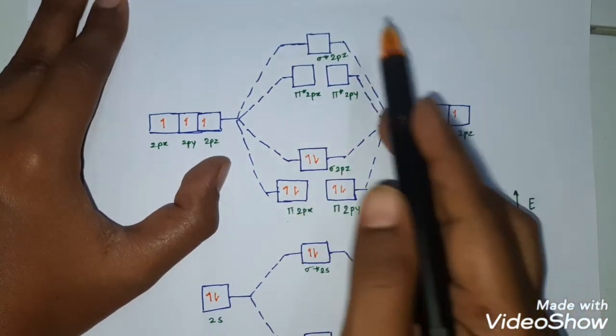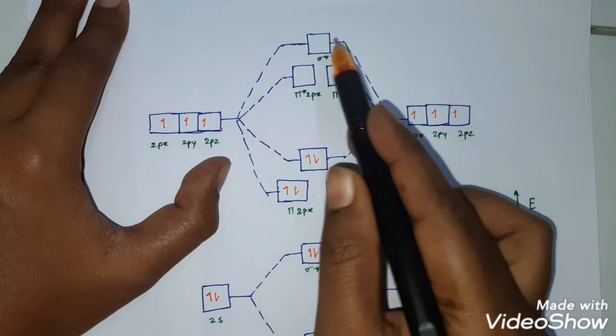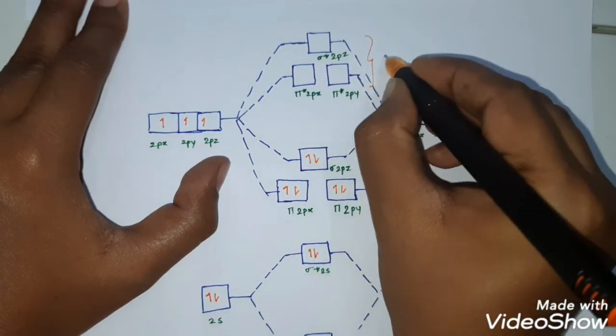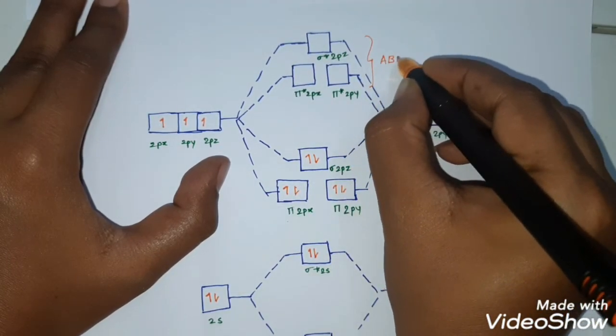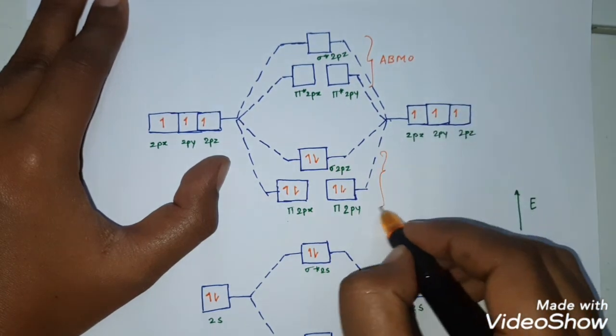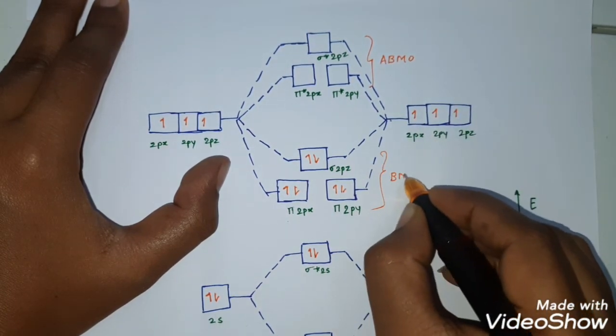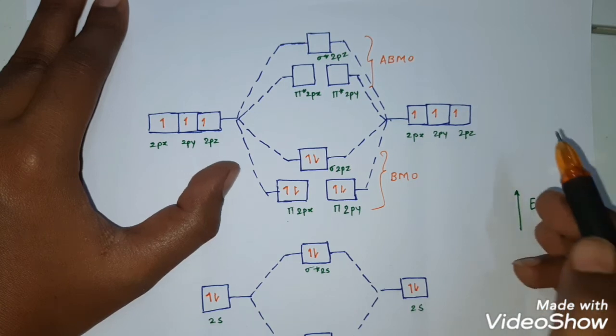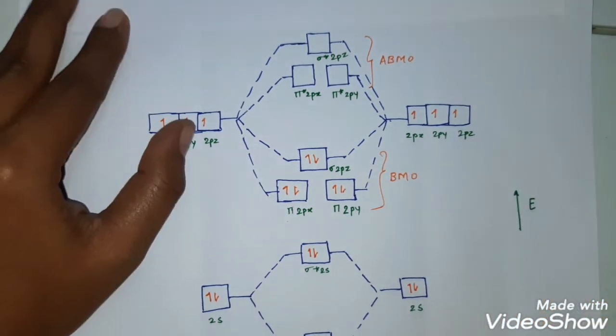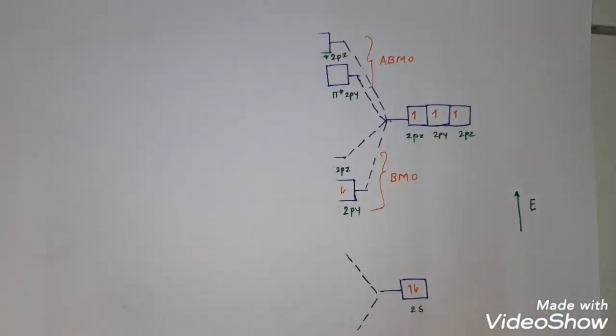Here are the antibonding molecular orbitals of nitrogen. These are the 3 antibonding molecular orbitals of nitrogen, and these are the 3 bonding molecular orbitals. Now let's calculate the bond order for nitrogen.